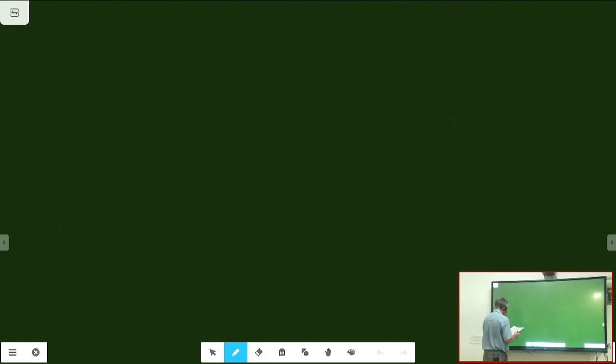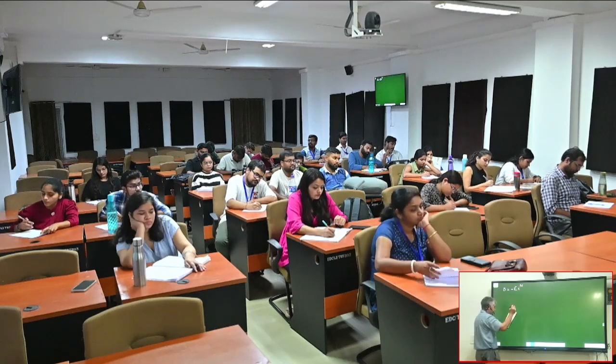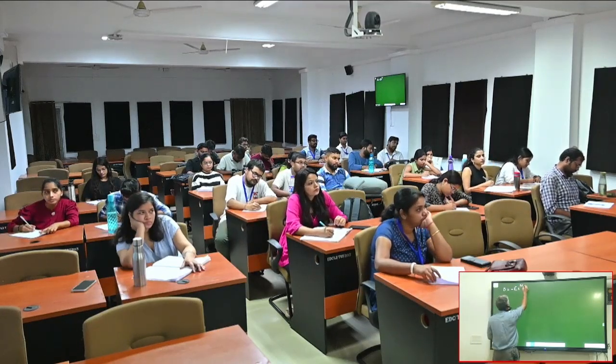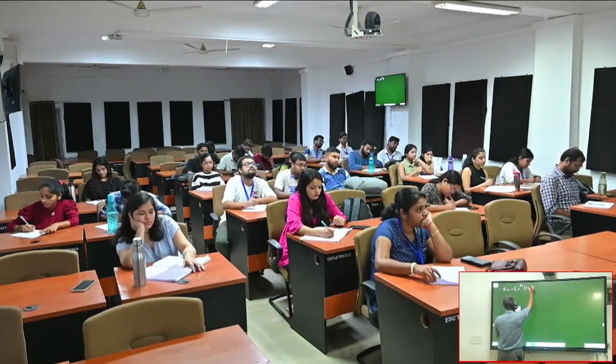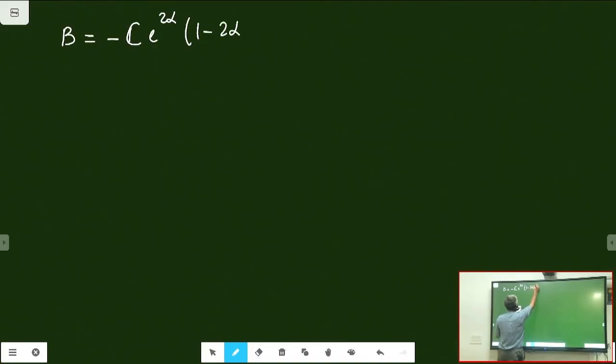There are other things for us to do. So I will simply write what you will get as a result of these manipulations. You will get that B is equal to minus capital C e to the power 2 alpha, 1 minus 2 alpha multiplied by 1 plus small c. Sorry, minus.